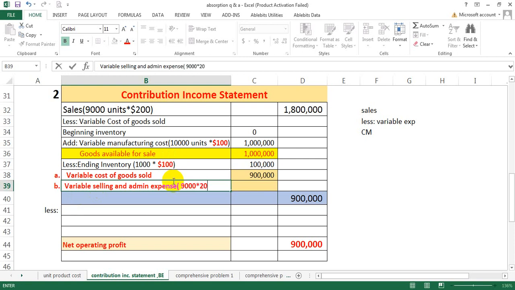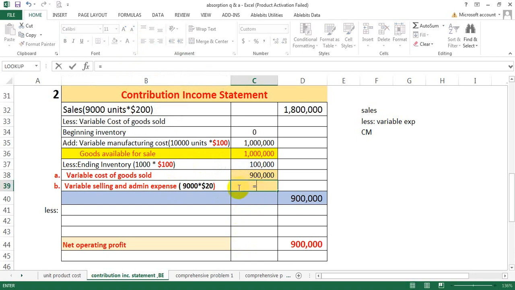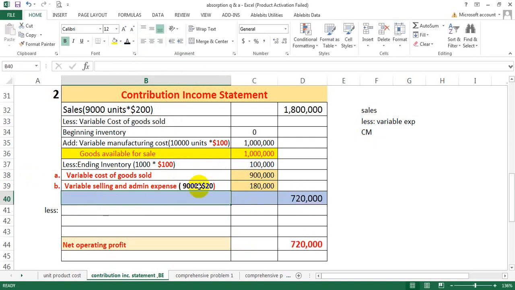And the per unit selling expense is $20, right? Take these values. So what I got, my second variable expense, is 9,000 multiplied by 20, which is 1,80,000, right?